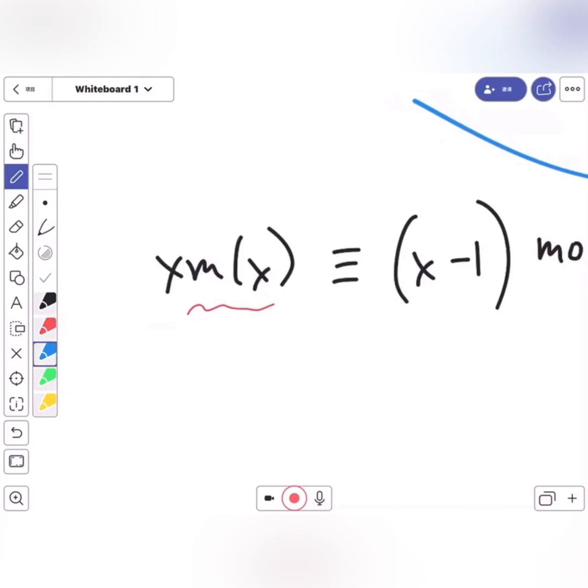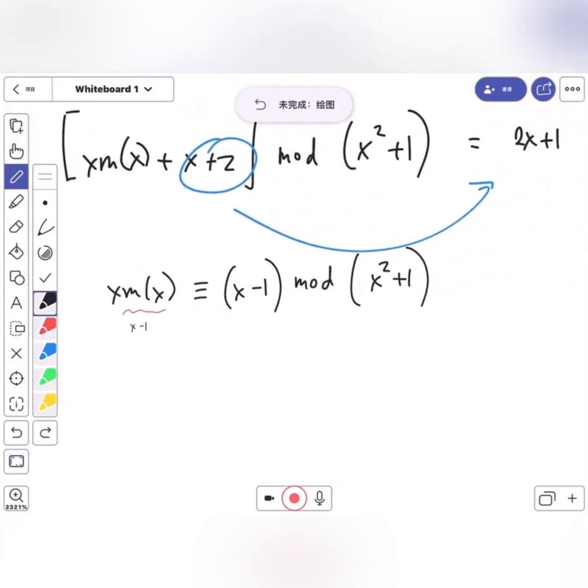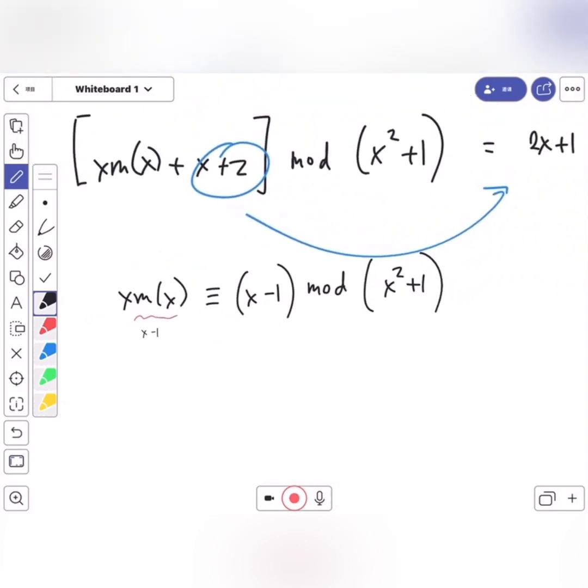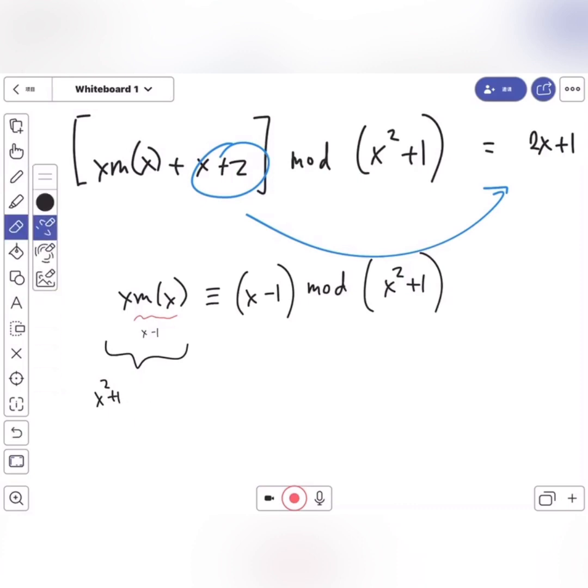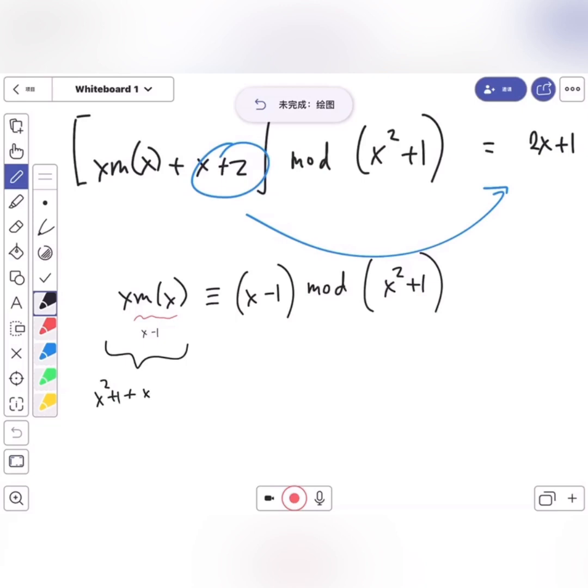Then this polynomial, the minimum, will actually just simply be x minus 1. And this happens when this term is simply x squared plus 1 times k plus x minus 1.